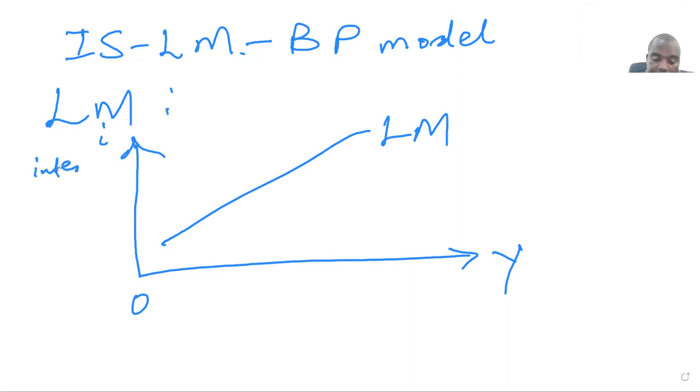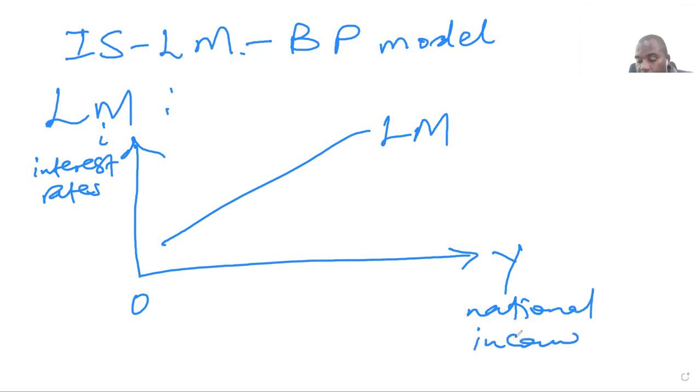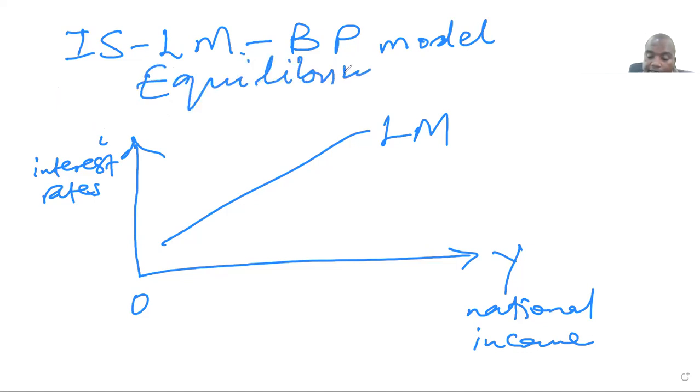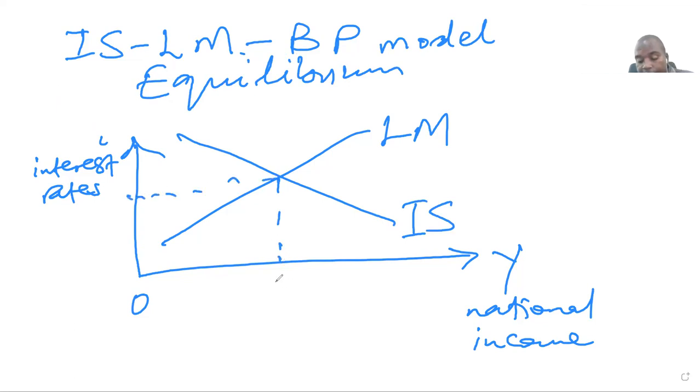So we know that equilibrium within the IS-LM model is attained when the IS curve, which is downward sloping, intersects the LM curve, which is upward sloping.